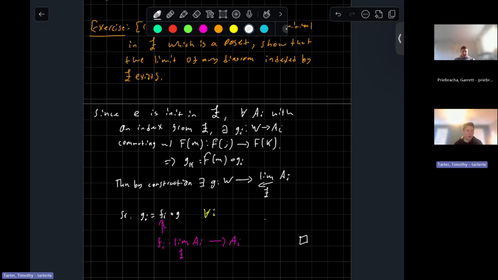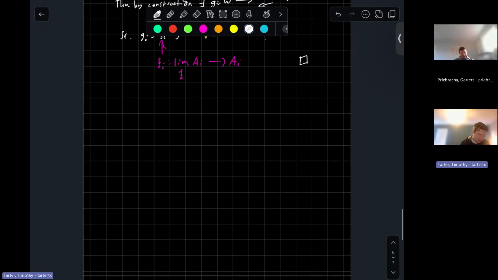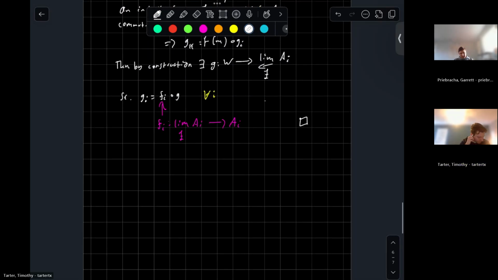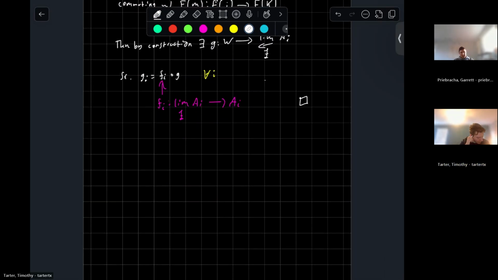So now for the diagram from hell. I'm going to call this a lemma.